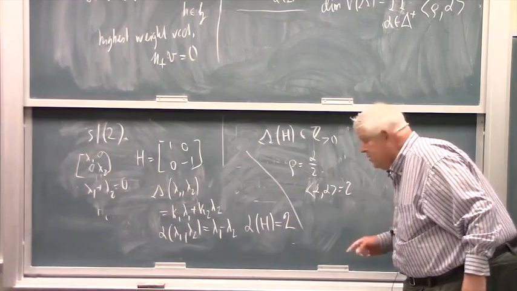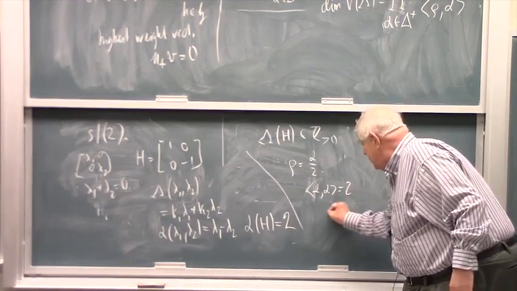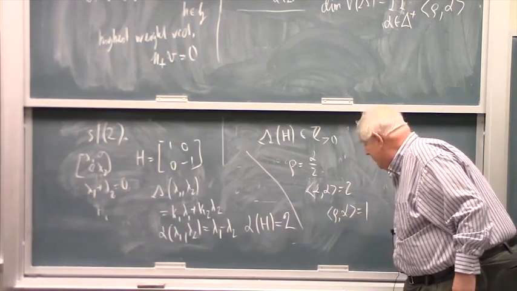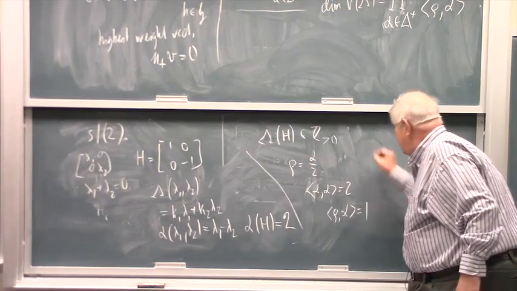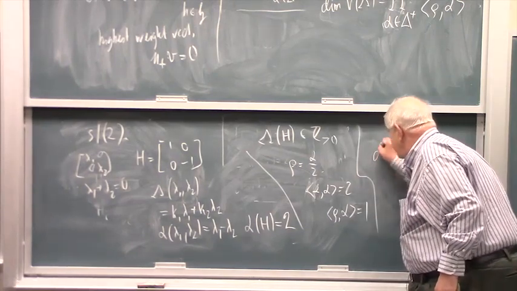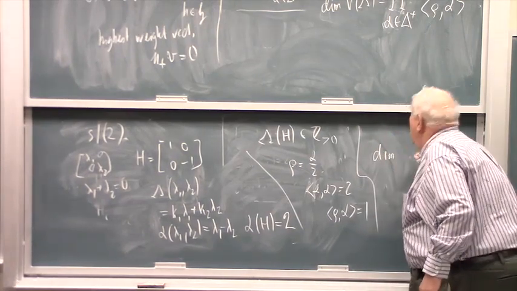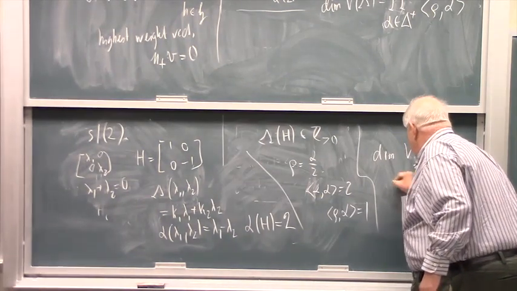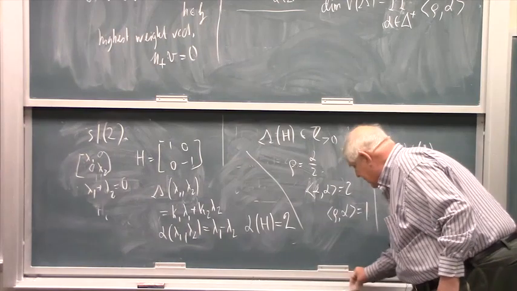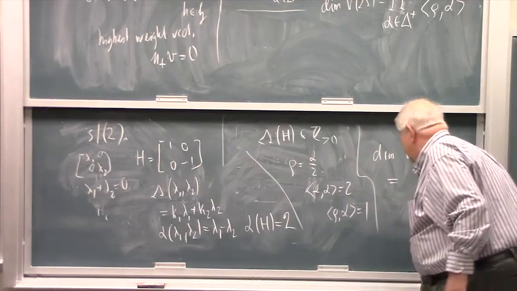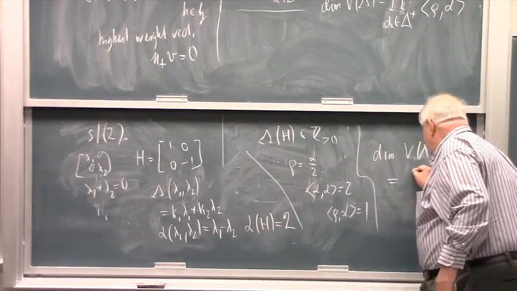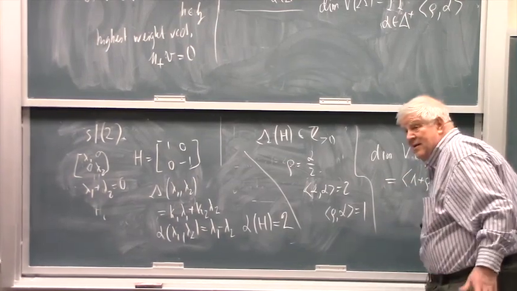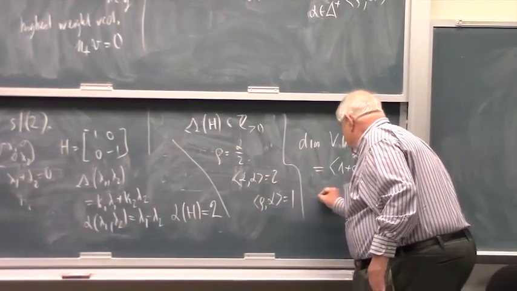So rho alpha is 1, the denominator in this formula, and I guess that the dimension of V of lambda is actually the product of lambda plus rho alpha, only one factor.